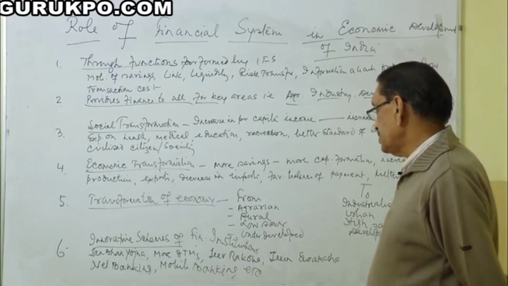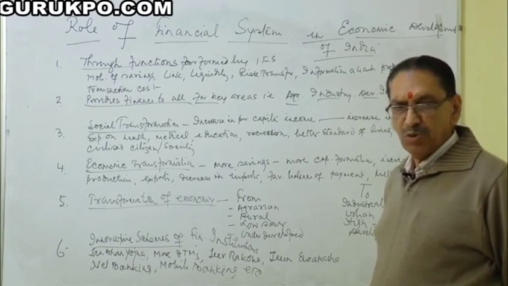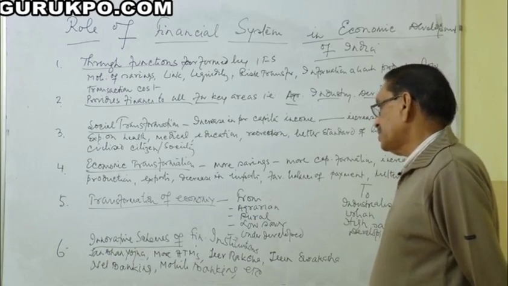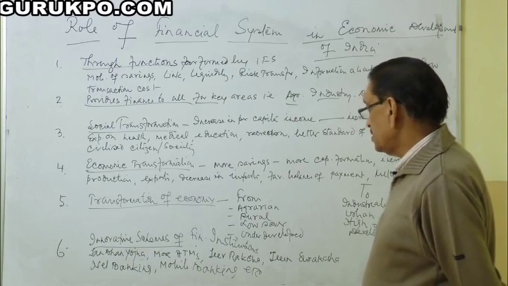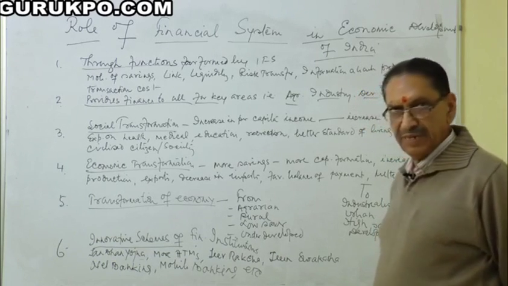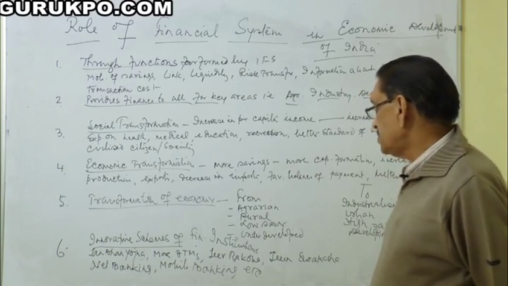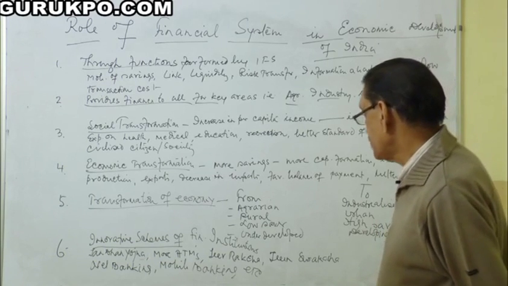Zero balance account means they can go to the bank, open their account, and without any money being credited, the account can be operated at zero balance. There are many other schemes added to Jan Dhan Yojana, including a RuPay card or ATM card, which is provided to those persons who have opened their accounts.